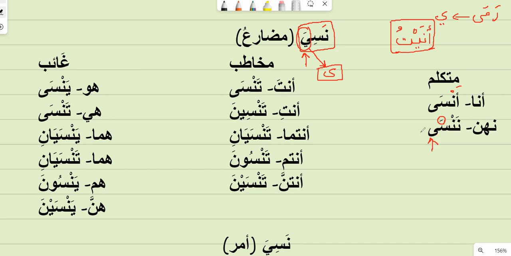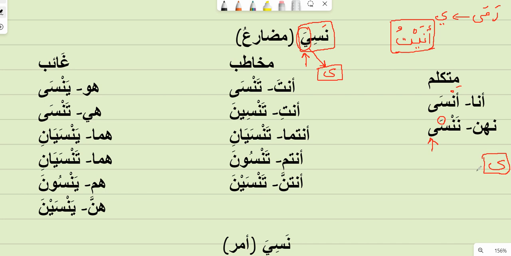Now here I will give you a small information about this letter alif maksura. If anybody doesn't know about alif maksura, because these letters, when you come across them here and there in the Arabic grammar, tend to make a lot of confusion with the students. This letter is known as alif maksura.